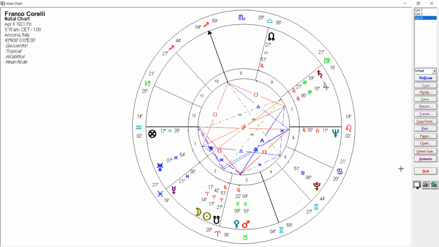So essential dignity refers to how a sign strengthens a planet, or how a planet is strengthened by occupying a sign. All planets are strengthened when they are in the signs that they rule, their domiciles. We're just going to use Jupiter here for a moment, because it brings us to a really good point.